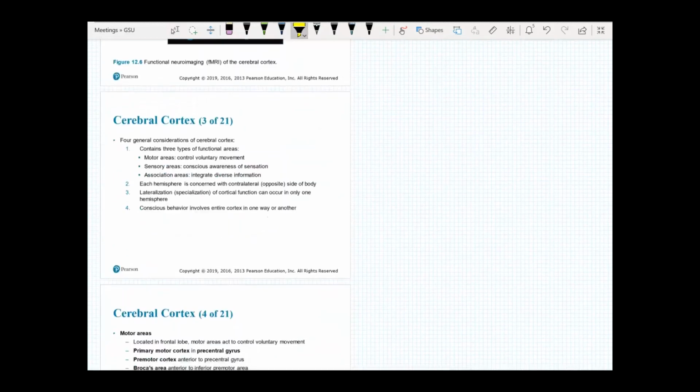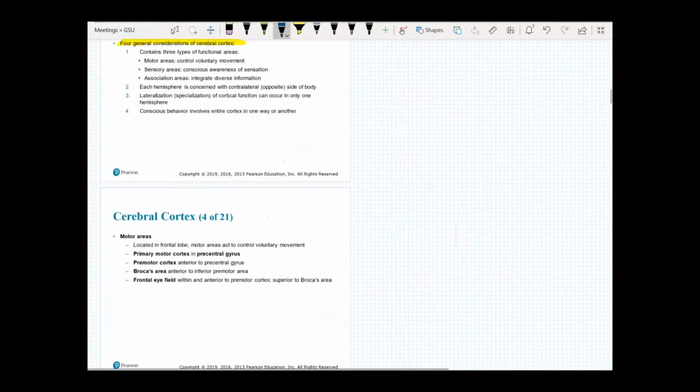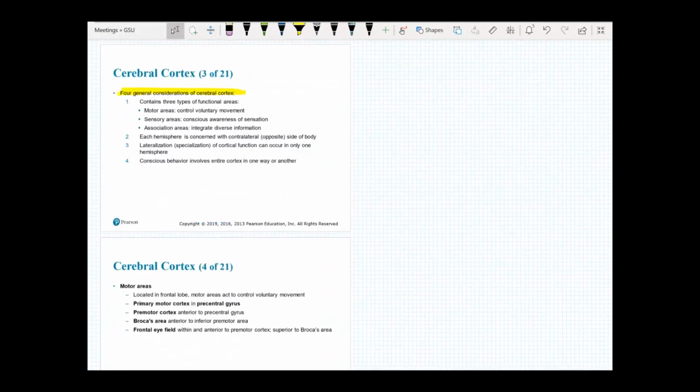Real quickly, there are 4 major general characteristics of the cerebral cortex, 4 generalizations. This is just to keep things in perspective as you go throughout this section. The first one is that there are 3 types of functional areas. There are motor areas that produce motor movement.